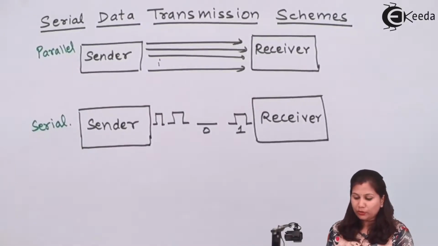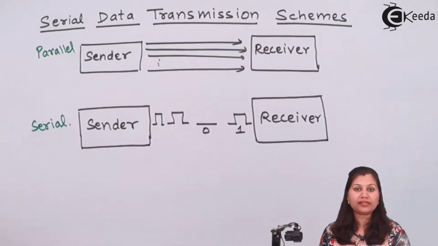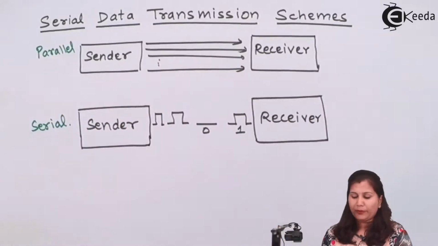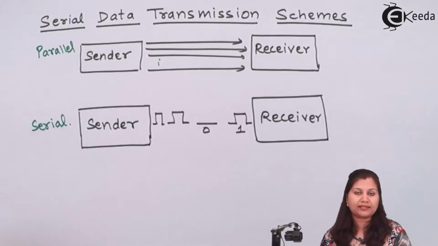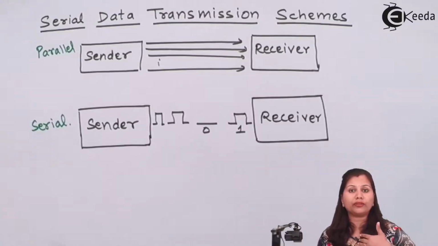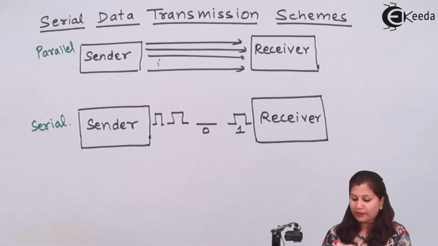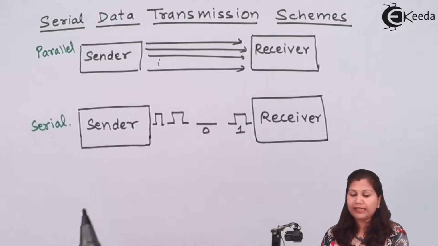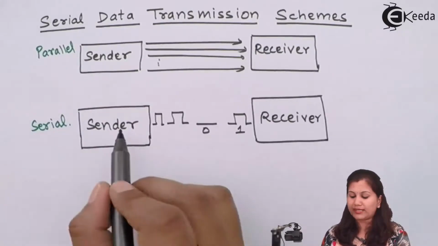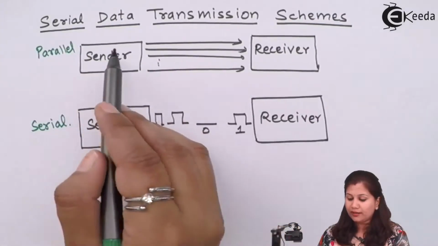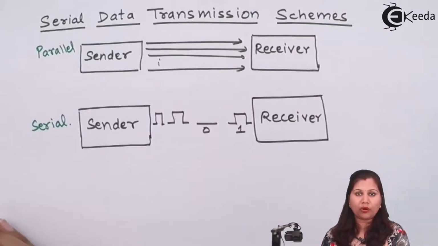So in this video, we are going to study about the various types of serial data transmission schemes. Whenever microprocessors and computers have to transmit data over long distances, we use serial data transmission, because in serial data transmission only a single line is required to transmit the data, whereas in the case of parallel data transmission, whatever number of bits we want to transmit, that number of lines is required.